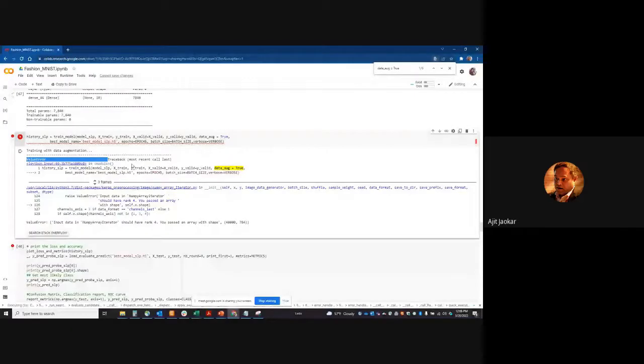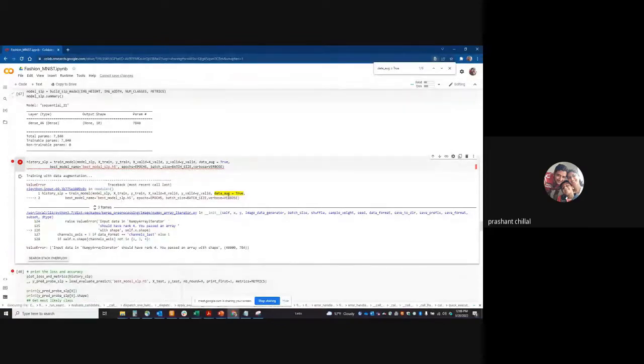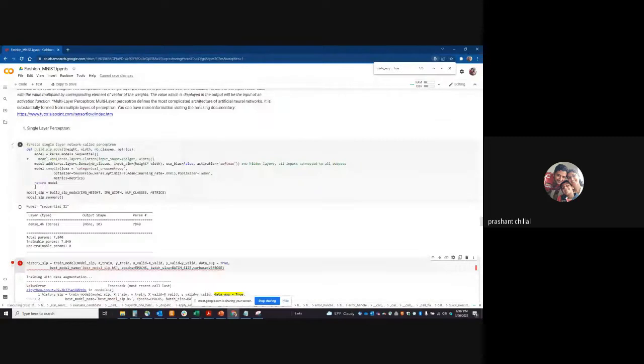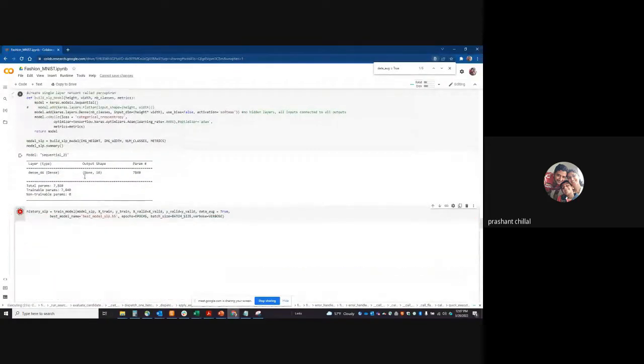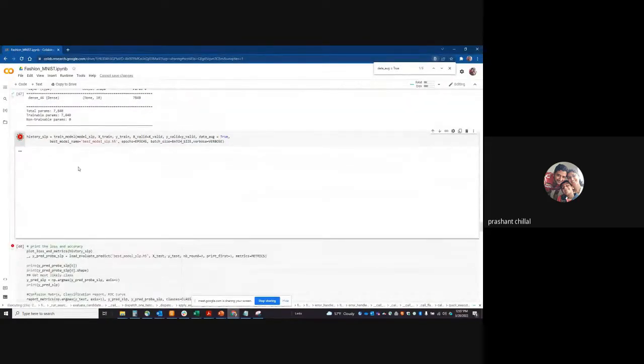Let me know if you can see my screen. Yes, it's coming through. So here, as per the assignment, I changed the data augmentation equal to 2 in Fashion MNIST. I'm not sure, this is what happens when I try to run the train model.